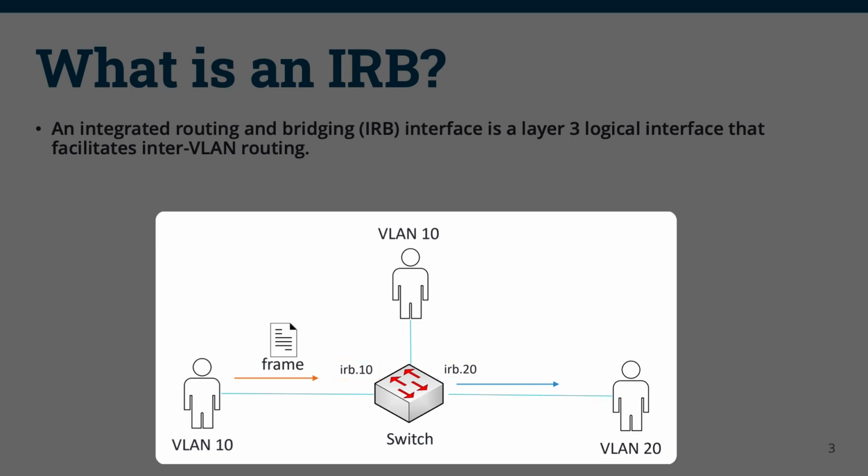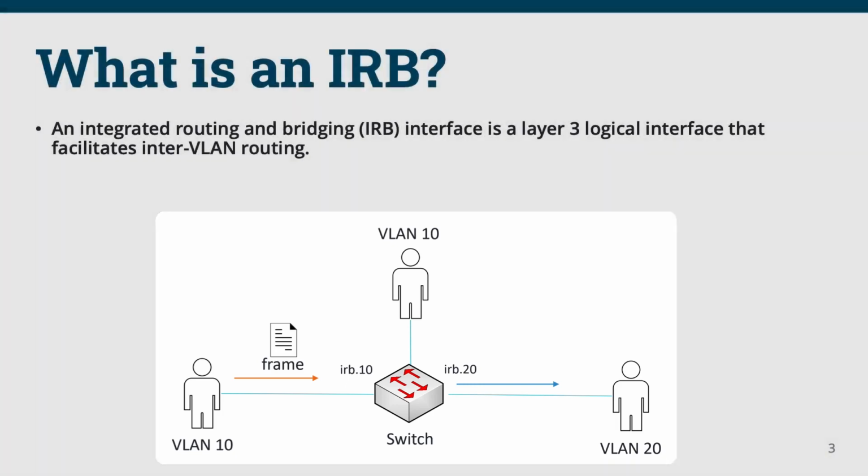If you are coming from a Cisco background, IRB interfaces are effectively the same thing as switched virtual interfaces, or SVIs, on Cisco devices, where the SVI is a logical interface that is accessible over any switch port that is a member of the VLAN the SVI is attached to.